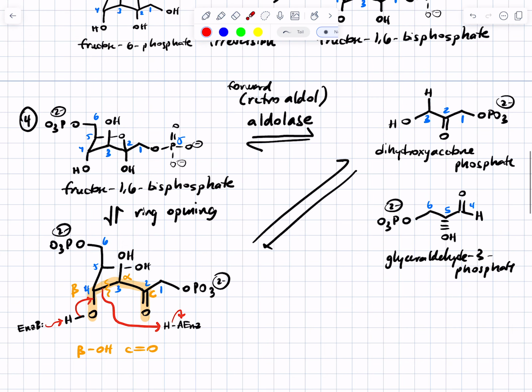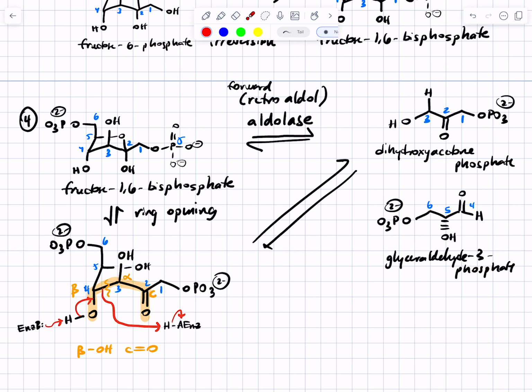So the retroaldol reaction. Questions about that? Yeah. With regards to the lines between the different reactions, do you have to open the ring for the aldolase to then get to these two? Yes, because without opening the ring, you don't have a ketone. So it's aldolase that is the enzyme that's doing this.